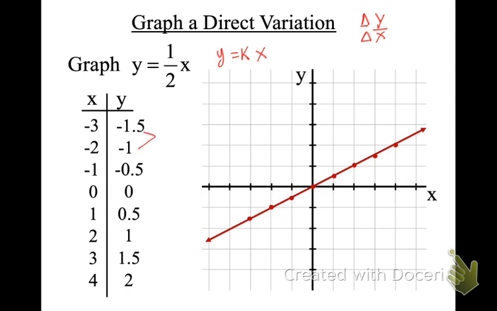So you'll notice this is increasing by 0.5, and this is increasing over 1, so this simplifies to 0.5, or a half. My k is equal to 1/2. Okay, a proportional equation, a direct variation, will always go through the origin. If they ask you if this line is proportional, you would say no, because it's not going through the origin. All proportional equations go through the origin. All direct variation equations go through the origin.